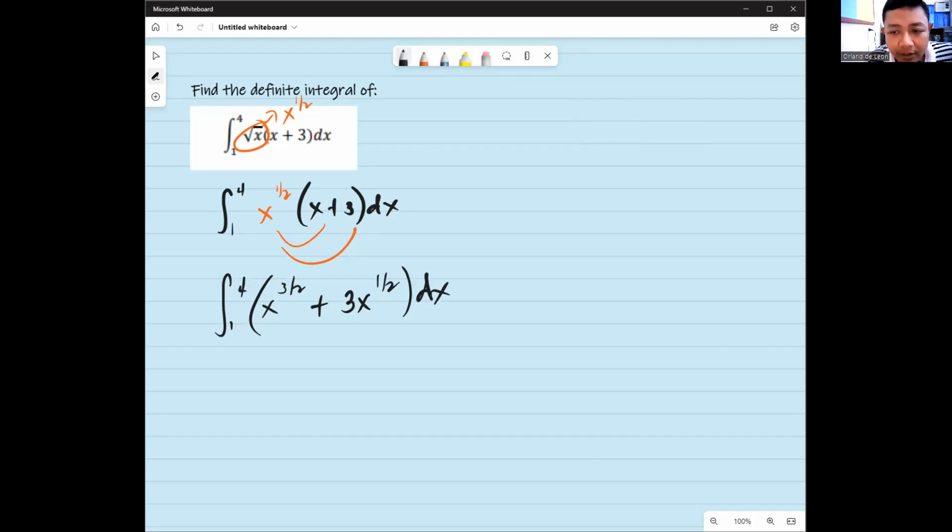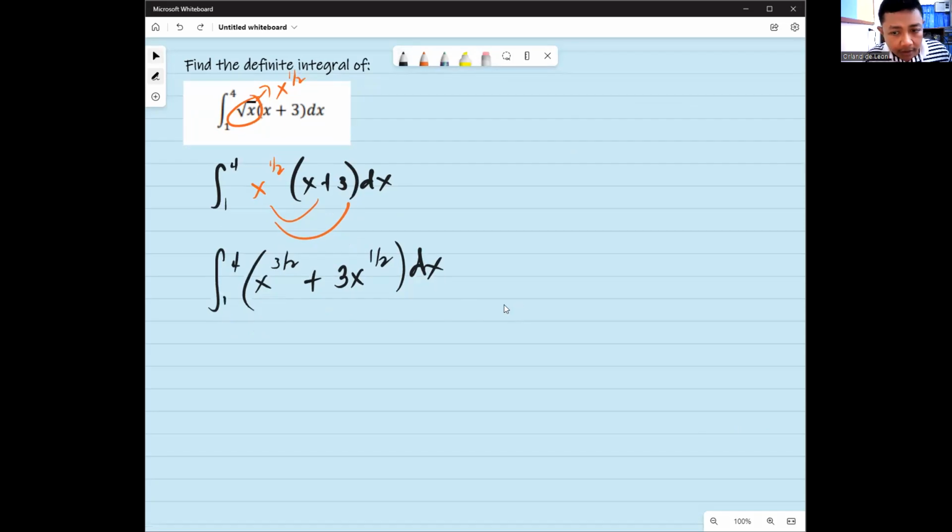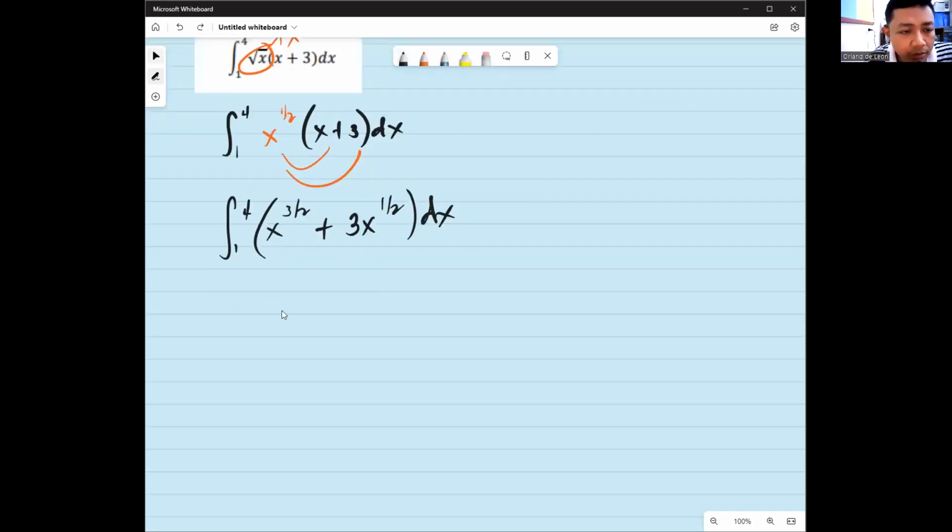Now, let's continue solving this. This is actually just easy. This is just a simple power rule. So let's now focus on our integral. When we do the integral, we forget about 1 and 4 first, because we have to get the integral of the function first.